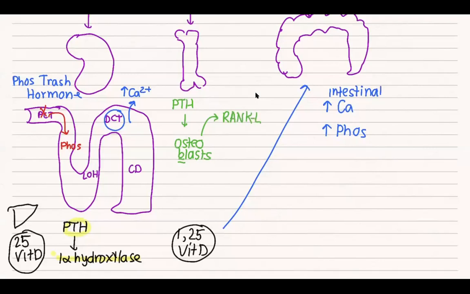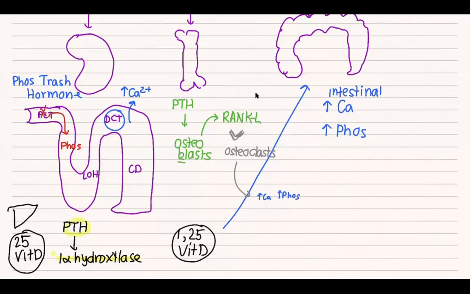And this RANK ligand is going to bind to the RANK receptor on osteoclasts. Right. And that then is going to break down your hydroxyapatite crystals, increasing calcium and phos levels in your blood.